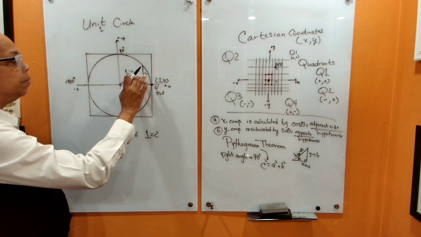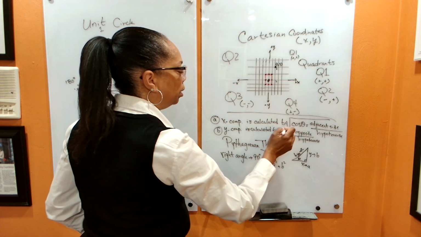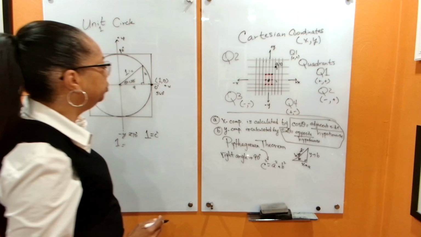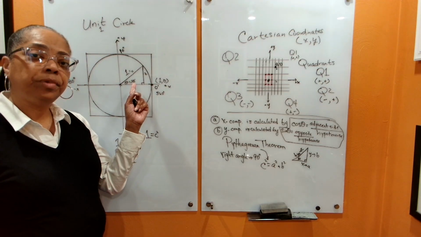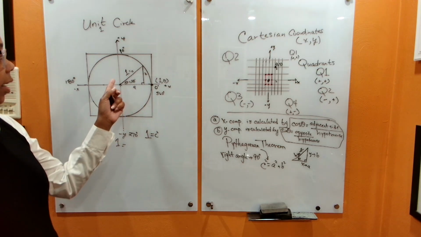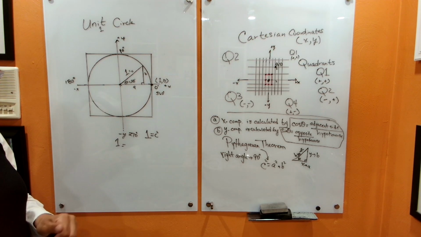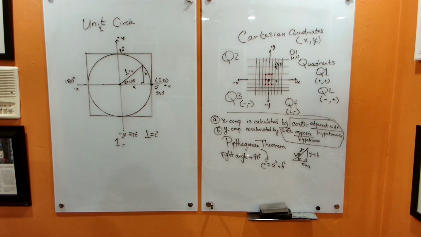So now we're going to look at this to calculate what A and B are, because we don't have any other information other than the angle and the hypotenuse, right? I'm going to let you think about that for a minute.